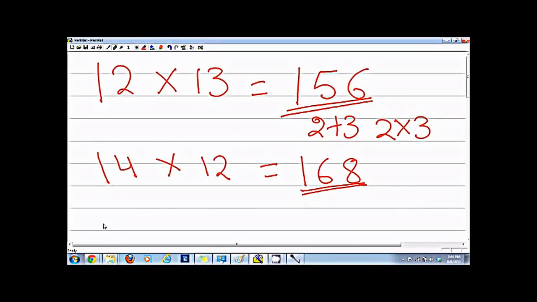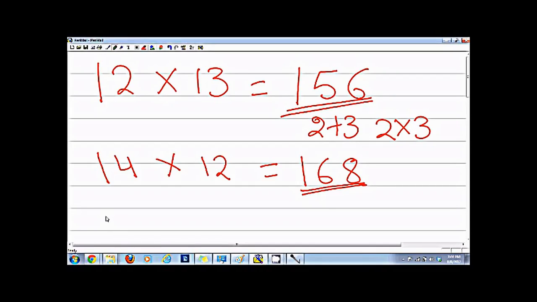Now there is one problem: if we multiply the digits and the result is not a single digit but a two-digit number, then we have to look at the trick.